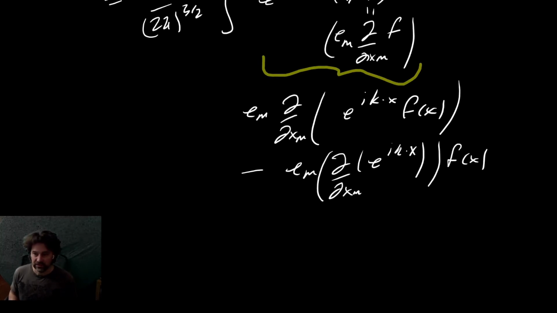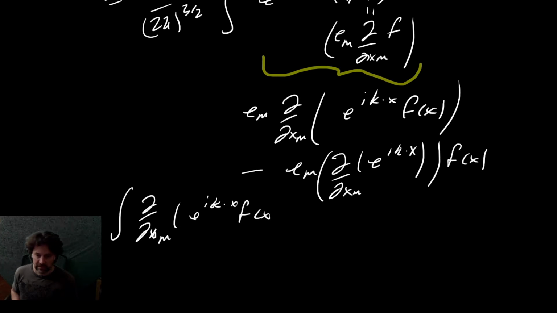And this is going to be about this term. We'll evaluate that integral over, so we'll have an integration of d dx m of e to the i k dot x f of x dx m for all x m.